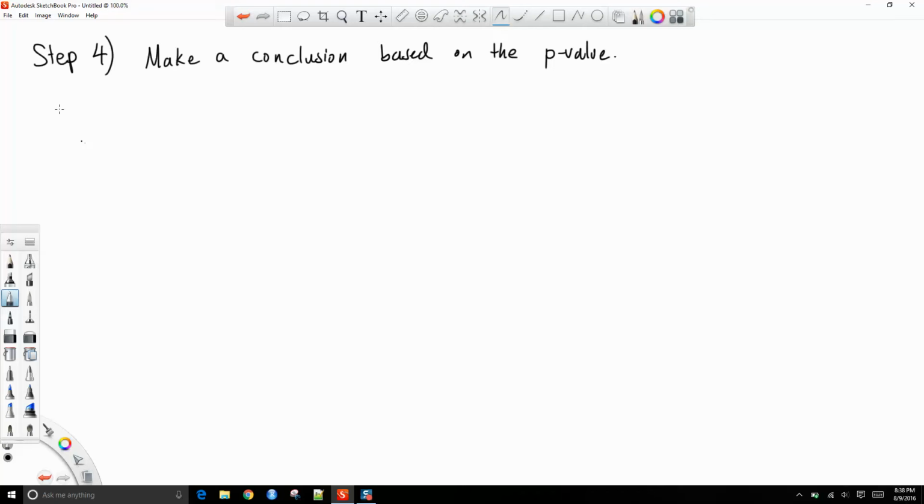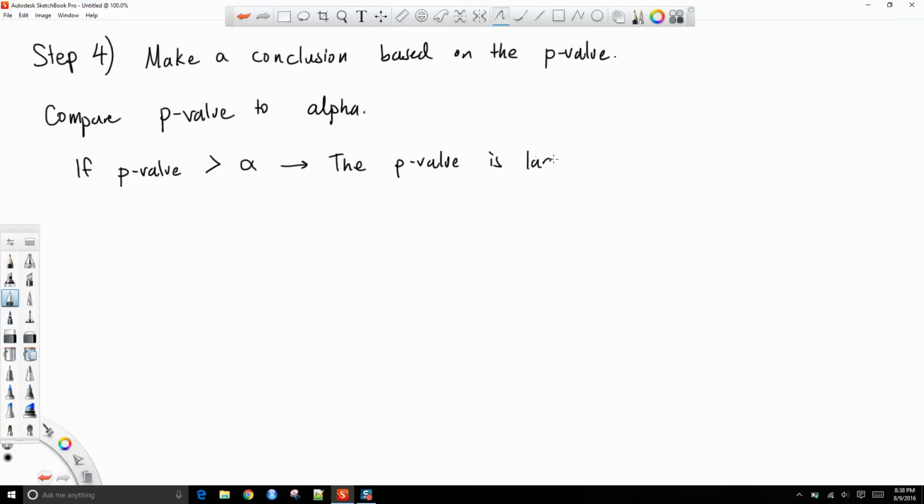Based on the p-value, basically, compare the p-value to alpha. If the p-value is bigger than alpha, then that means the p-value is, quote, big. The p-value is large. So what this means is we do not have evidence to reject the null hypothesis.